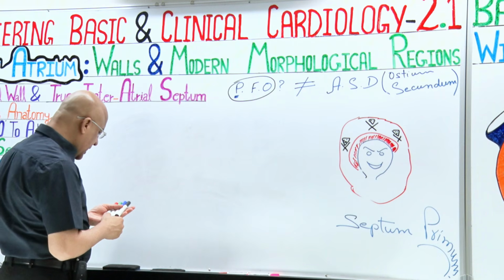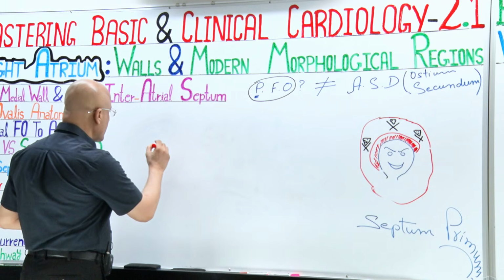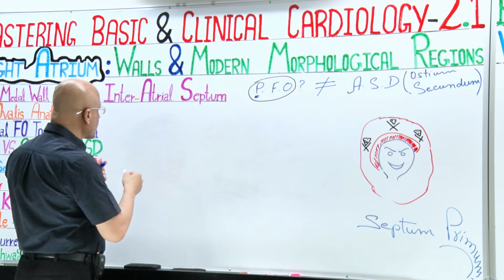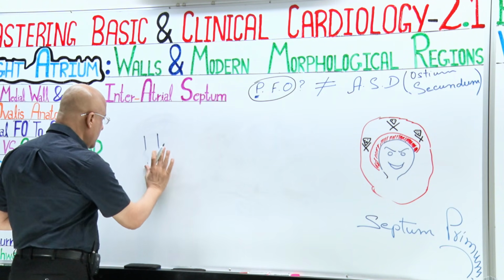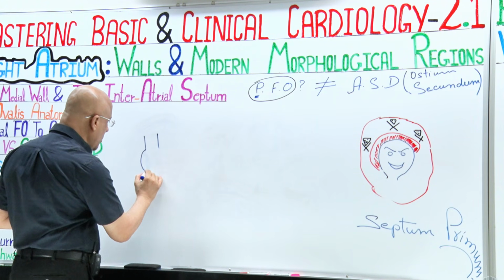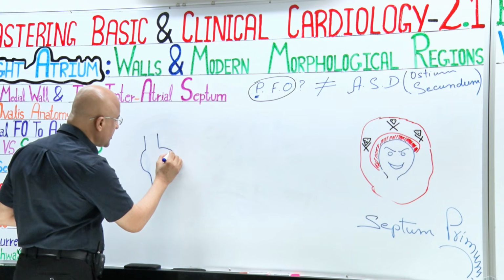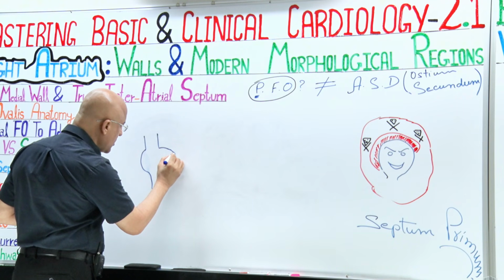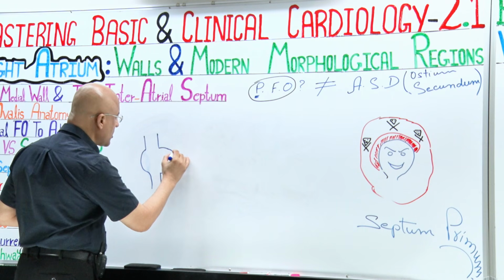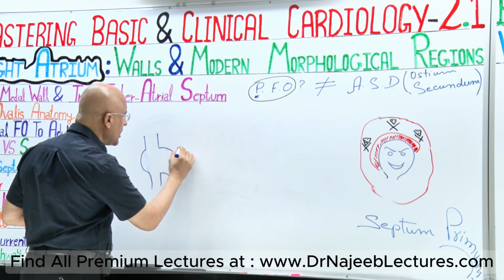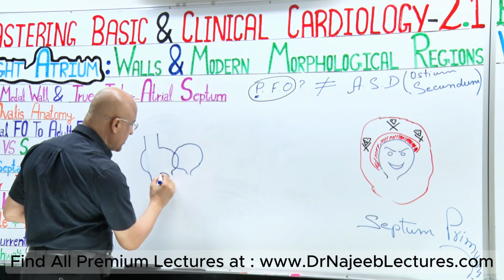When we talk about fetal life, I make a very simple heart here. Superior vena cava, right atrial lateral wall, inferior vena cava, and here is left, mitral valve.